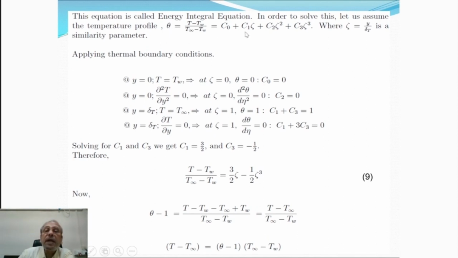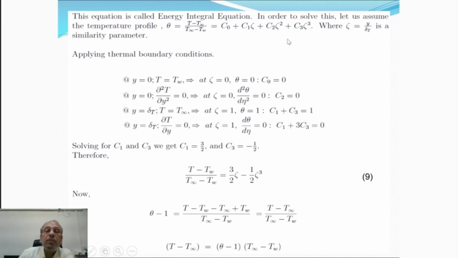So d theta d xi, if we differentiate once, knowing C0 and C2 are 0, we will get C1 plus thrice C3 xi square, and then we set xi equal to 1. Let me repeat. At y equal to delta t, del T del y equal to 0, and y equal to delta t means xi equal to 1.